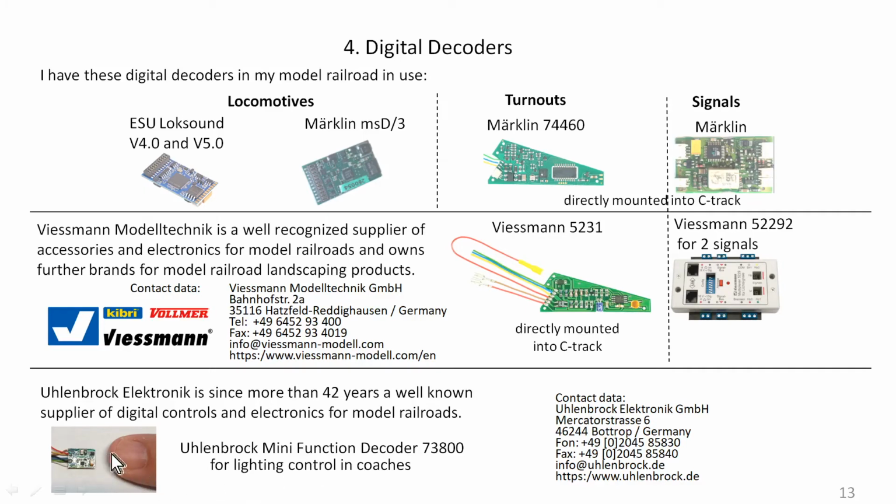Of course there is not much room in these passenger coaches, and there is no need to equip a decoder with power for any motor. So this is just a functional decoder with 4 outputs. You see here my middle finger, so that's very neat, very small. These come from the company Uhlenbrock Electronics, which is another supplier of digital controls and electronics for model railroads.